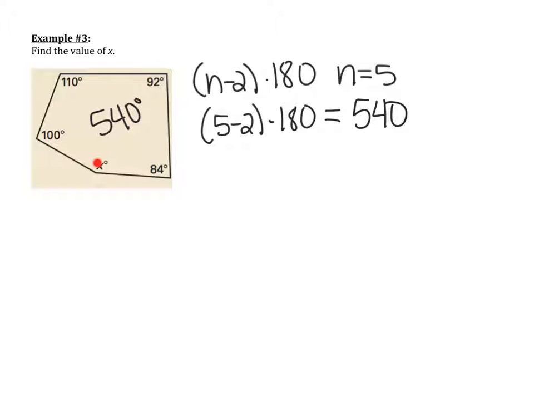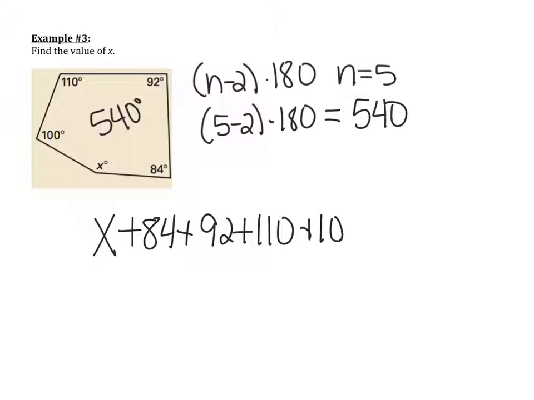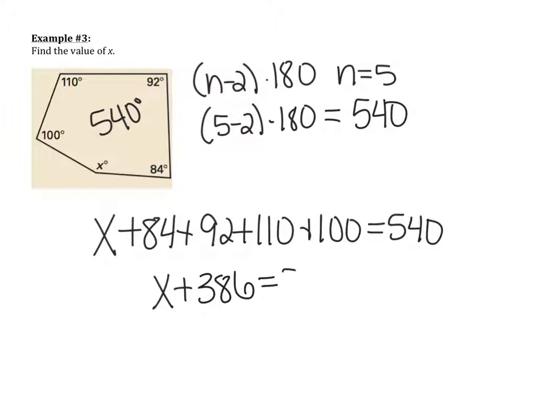I know if I take this, plus this, plus this, plus this, plus this, it would equal 540. So I'm going to do exactly that. Take x plus 84, plus 92, plus 110, plus 100, and we know that when we add up all 5 of those angles, you get 540. So this is as simple as solving for x now. It'd be x plus, now I'm just going to add up all of these, 386 equals 540.